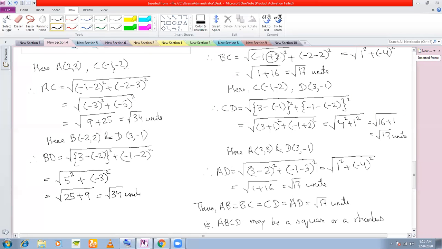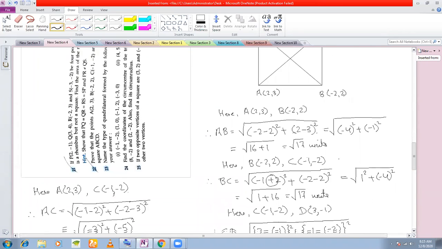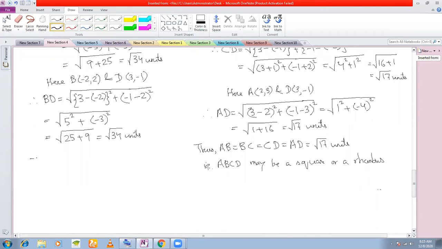This shows that the diagonals are equal. See, AC is square root of 34 and BD is also square root of 34. So thus AC is equal to BD is equal to square root 34.